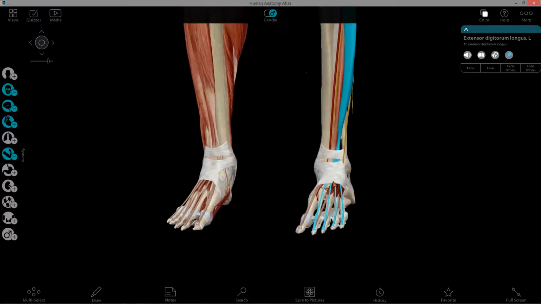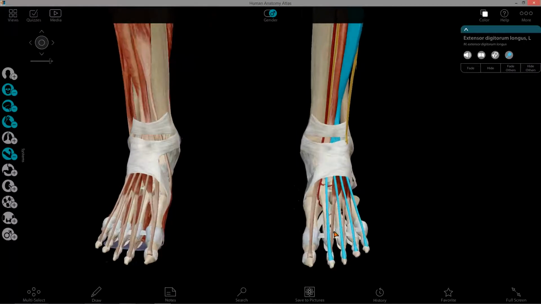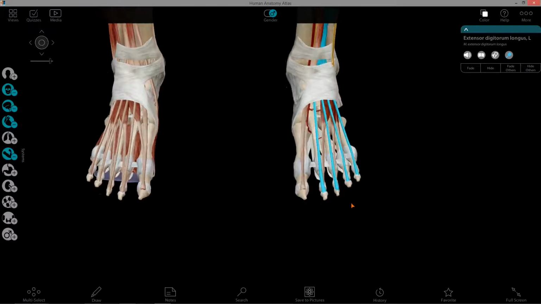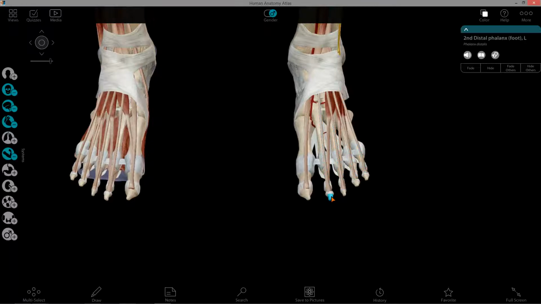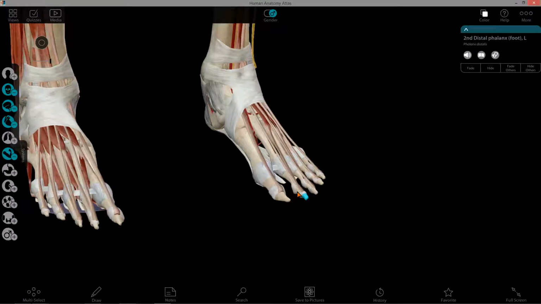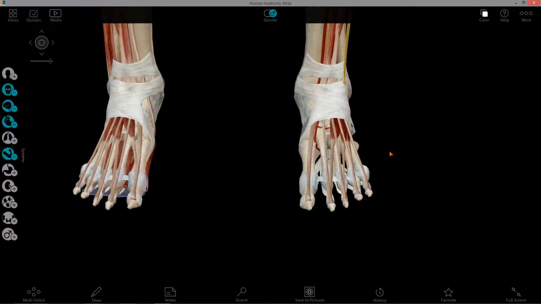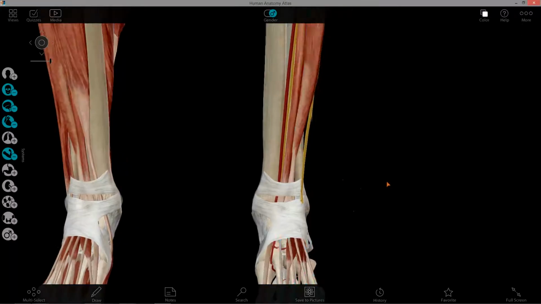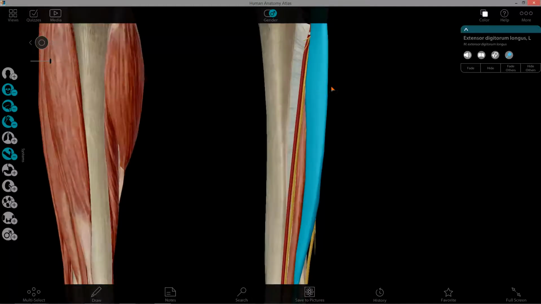Its distal attachment is the base of the middle and distal phalanges. So this is the distal phalange, this is the proximal phalange, or the middle phalange, and it attaches to both of those of all 4 lateral digits. And as I showed you previously, it aids in dorsiflexion of the foot and extension of the lateral 4 toes. And that is extensor digitorum longus.